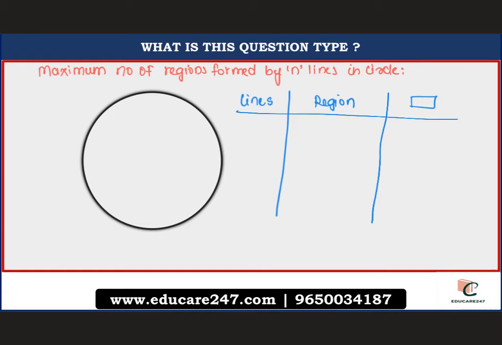When there are 0 lines, the number of regions formed is 1 because this is a complete circle. So write down 1 over here.